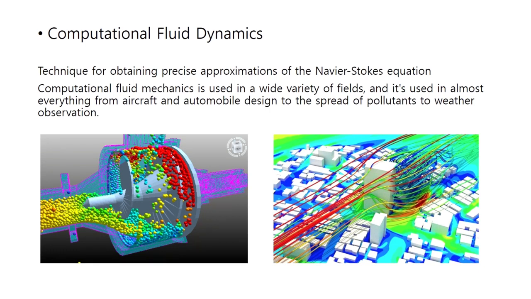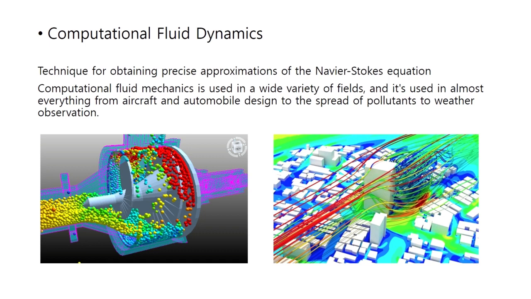In the past, there was no way to interpret fluid motion except for experimental based methods, but advances in computational fluid mechanics have enabled computer simulations and saved time and money.